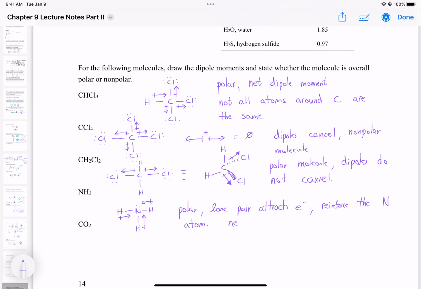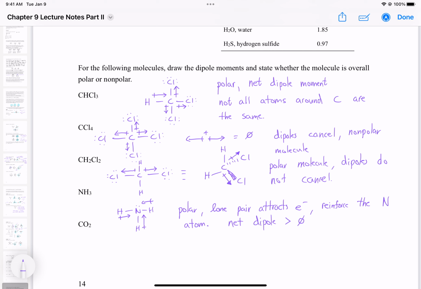So the net dipole is greater than 0. Then in this way, the lone pair on the nitrogen atom is going to distort the electron cloud of nitrogen. So the nucleus is more attracted to the electrons from hydrogen, so it's going to pull the electrons towards itself.